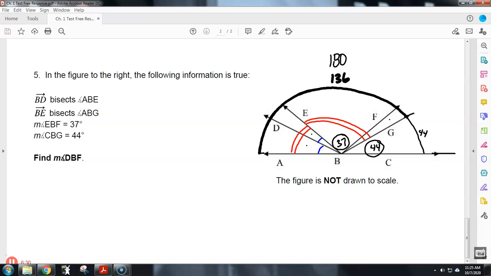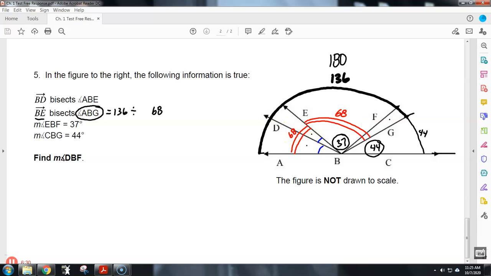Didn't mean to make that so fat. 136, and that angle of 136 was ABG. So BE chops that in half. So half of 136 is 68. So that means that this red piece here is 68.